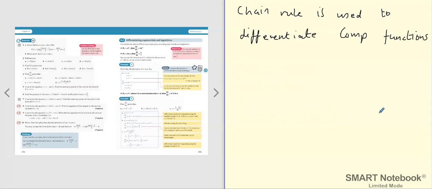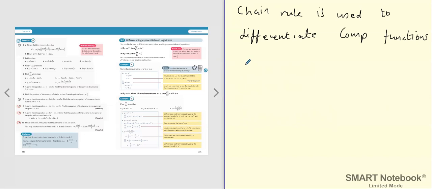Now, how does the chain rule work? I'm going to show you, first of all, the proper way it works, and then I'm going to show you the shortcut, so that you've got both methods there to exploit as and when you feel right.